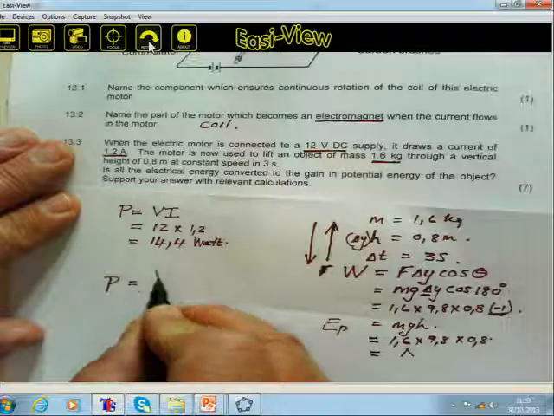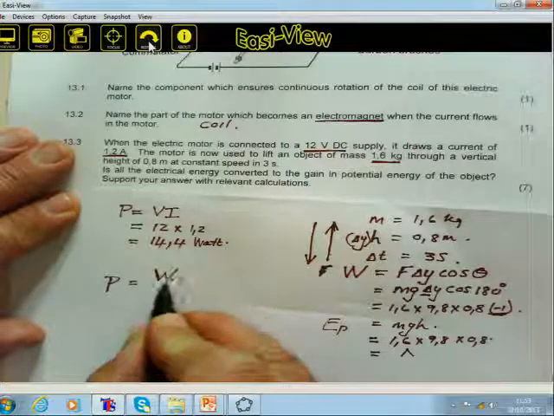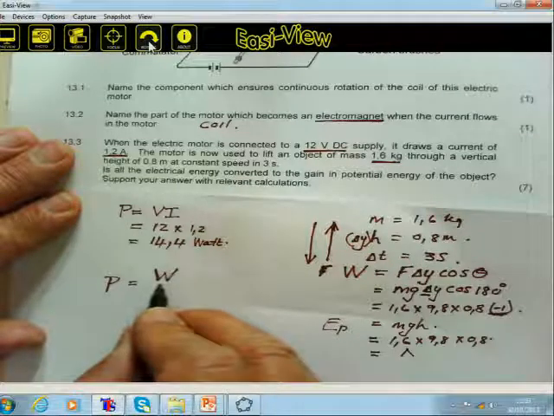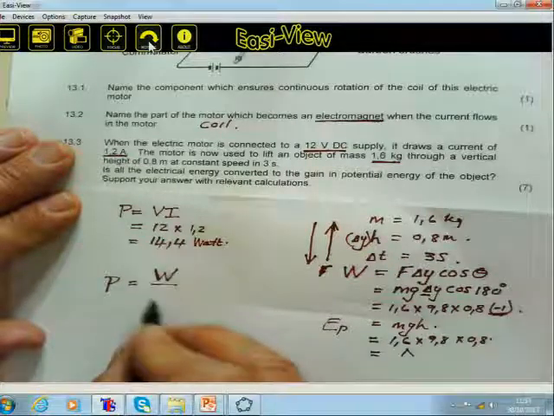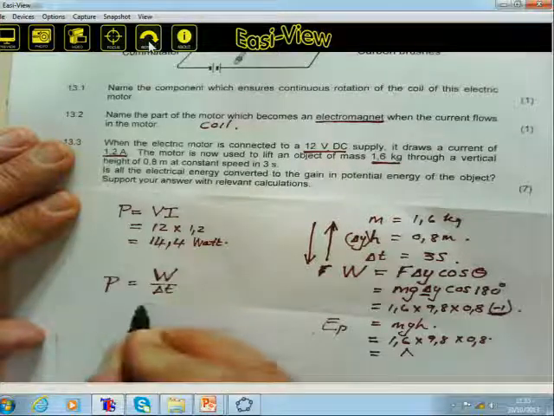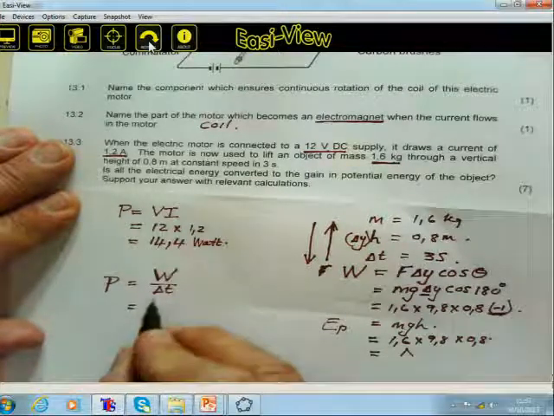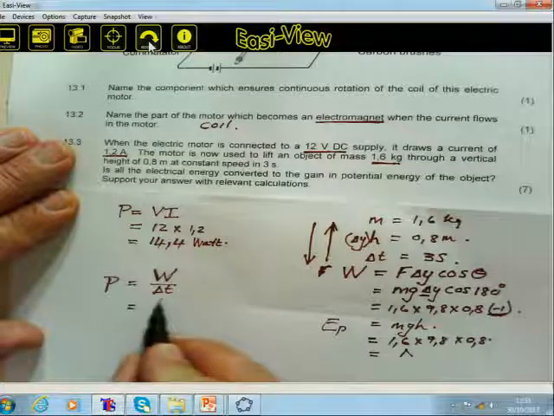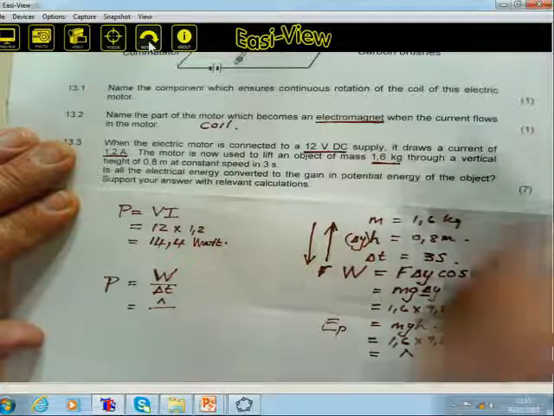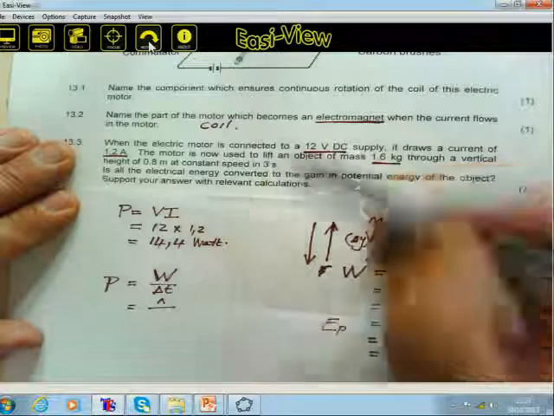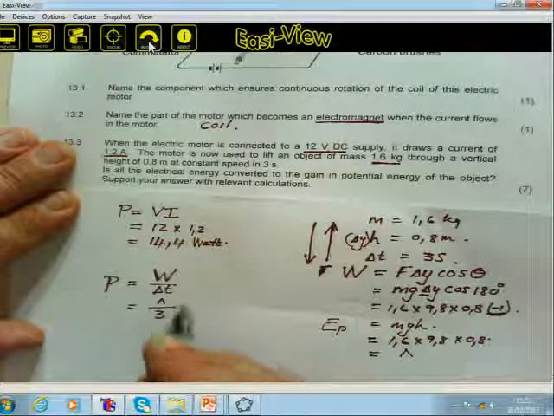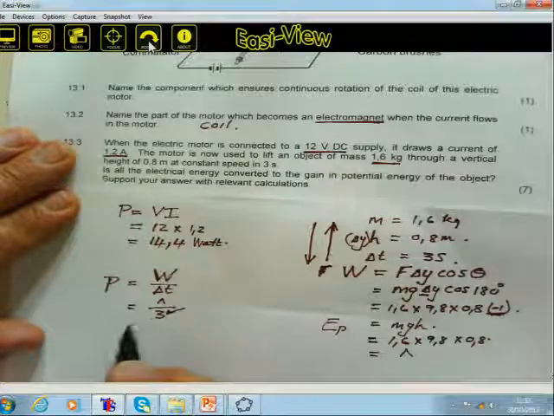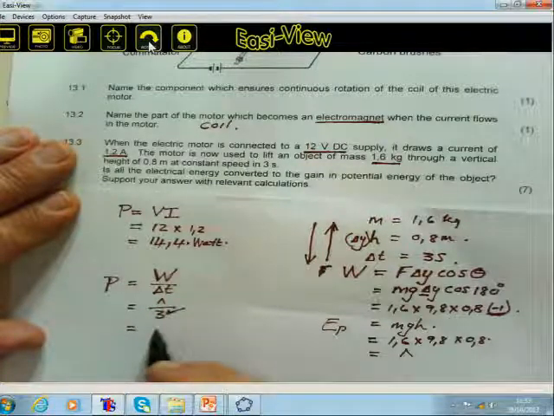Power also equals mechanical energy, the energy transferred or the work done, divided by the time in which the work is done. So then you will take this value, unfortunately I have no answer, and divide it by 3 seconds, because you will see that it's lifted within 3 seconds. And then you compare your two answers.